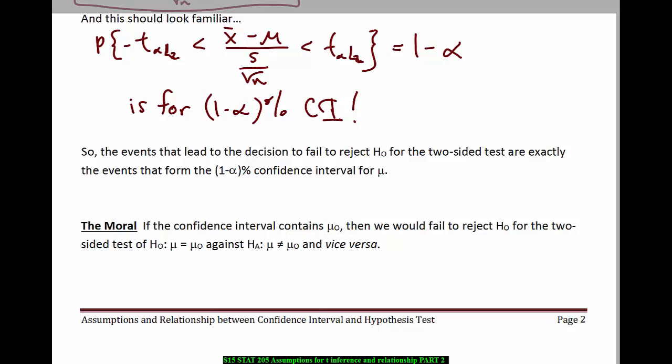So for instance, if I have a confidence interval for the true mean weight of a 6th grader, and let's just say it goes from 95 up to 105. Totally made up example. All right. So my confidence interval, my range of values where I think my population parameter lies for 95% confidence is 95 to 105.